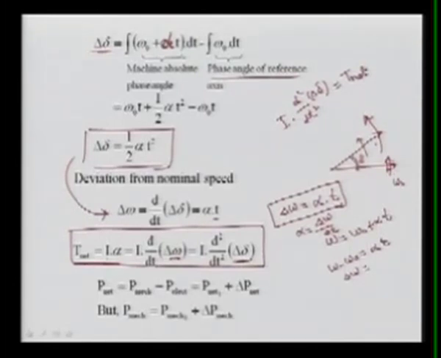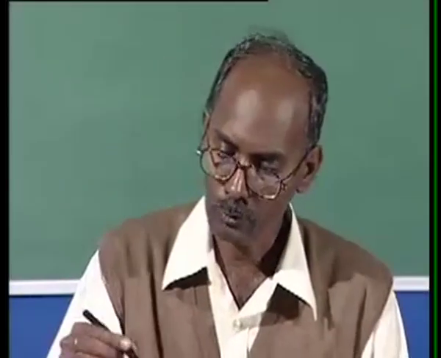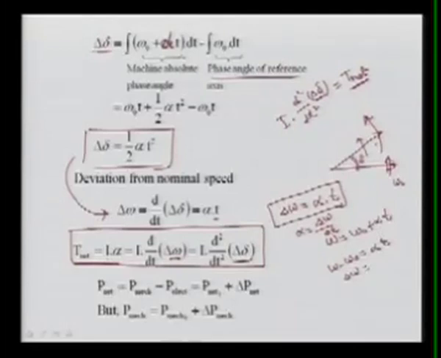Now we have derived the change in angle, this is very good. We want to see the change in T net from the reference setting, meaning here we have a P net. P net is nothing but P mechanical minus P electrical, and in similar fashion T net is T mechanical minus T electrical.